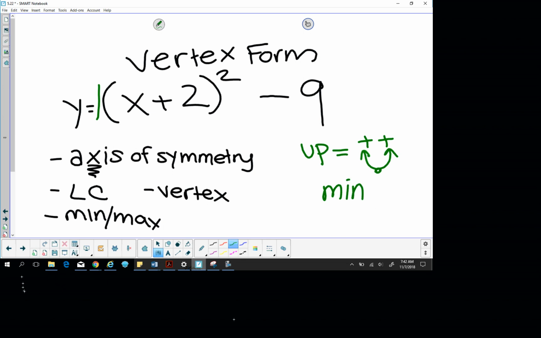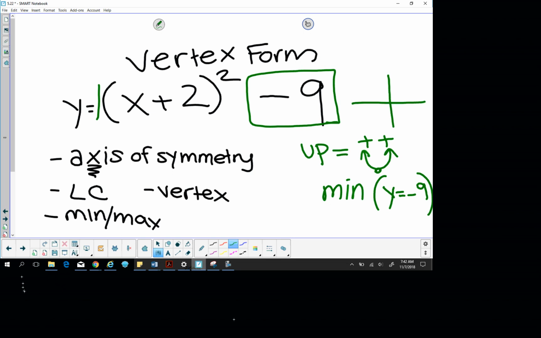And the min is the y coordinate of your vertex. So Christopher, what is the y coordinate of our vertex? What is our min? -9. Yes, y equals -9, because right here is the y coordinate of your vertex. So when I'm looking at this graph, the very bottom of it is -9.